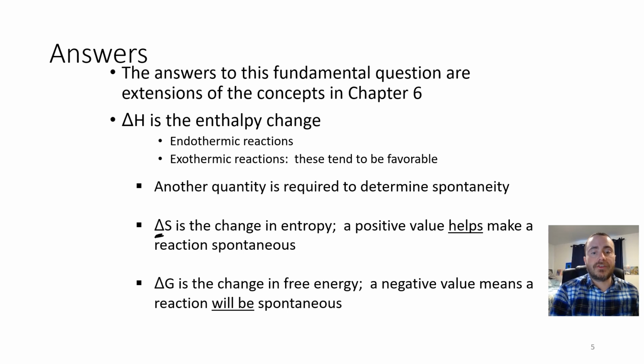Once we came up with entropy, and we'll talk about what entropy is as we go along, what we found is that a positive delta S means that we are likely going to have a spontaneous reaction, but not necessarily. So again, that didn't solve our problem.